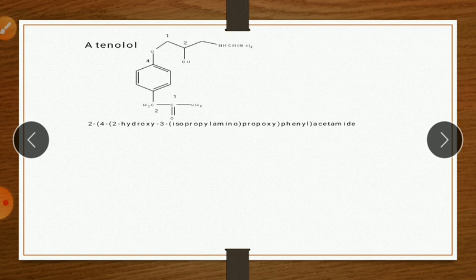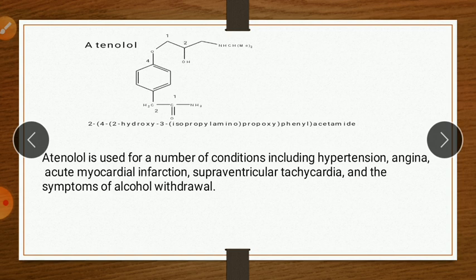Next drug, atenolol. The numbering for the IUPAC name of atenolol is given. Here is acetamide. The 2 means this 2, the 4 means this 4.